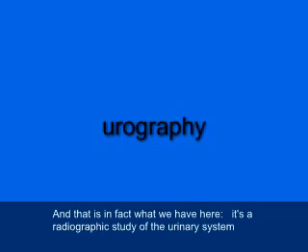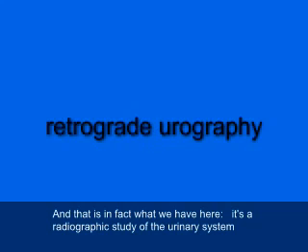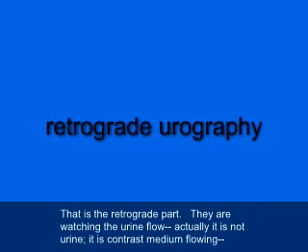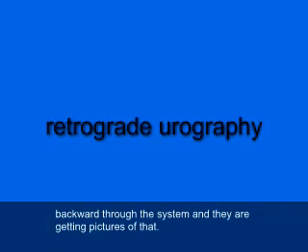And that is in fact what we have here. It's a radiographic study of the urinary system after contrast has been placed in the urethra and caused to flow upward or backwards through the urinary tract. And that's the retrograde part. They're watching the contrast medium flowing backwards through the system, and they're getting pictures of that.